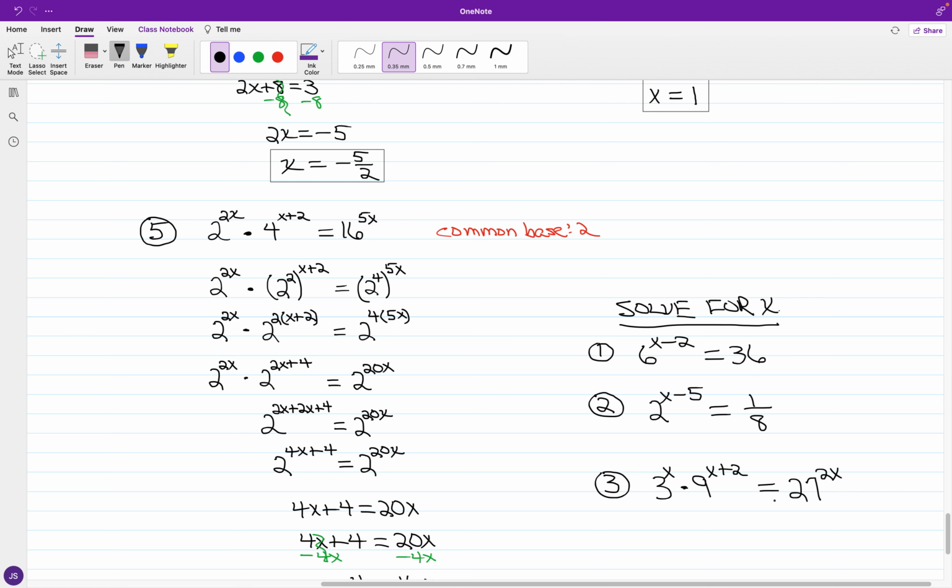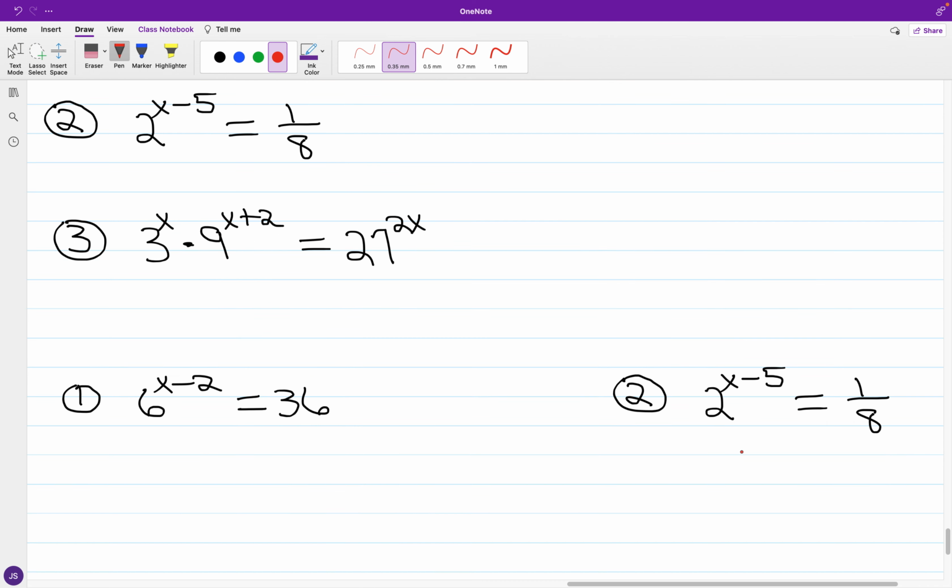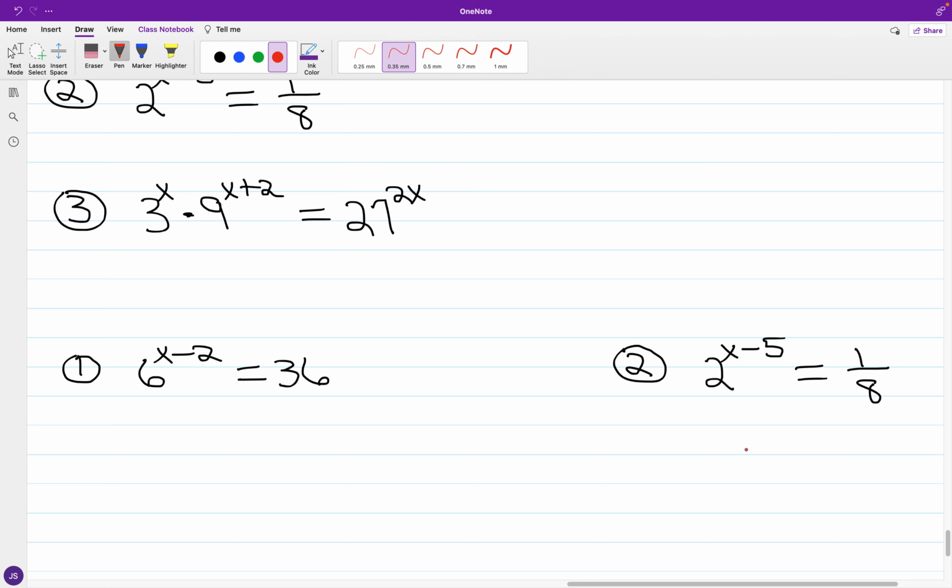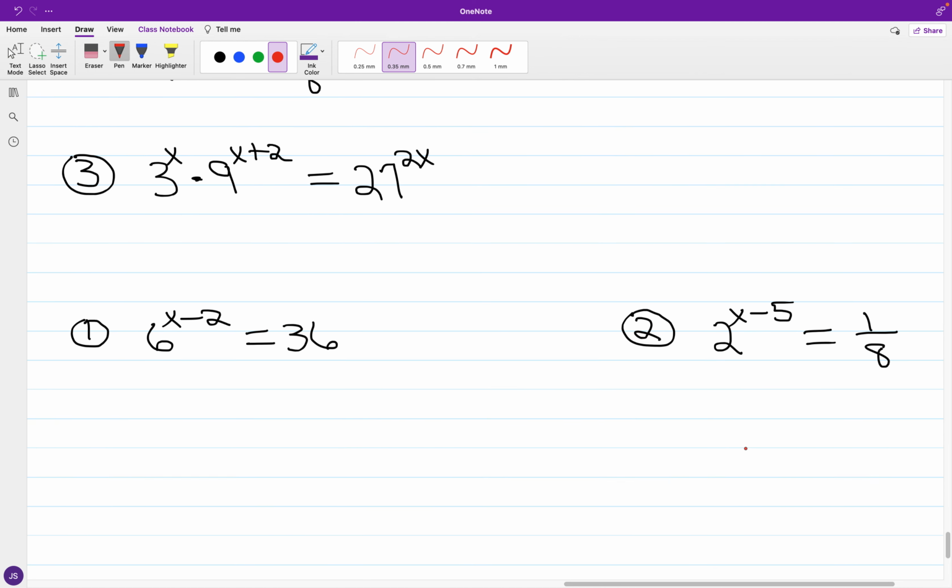Okay, so for the next few moments, let's see what we get for x out of these 3 exponential problems. Okay, if you're still working on these items, that's okay.